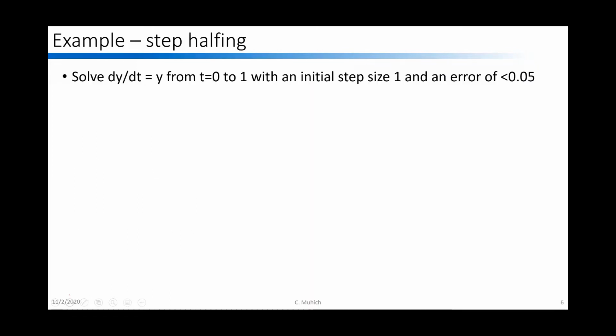Let's go in and do a quick example, and this will serve as the example of these adaptive step sizes. So we're going to solve dy/dt equals y from t equals 0 to 1 with an initial step size of 1, and we're going to include an error tolerance of 0.05.